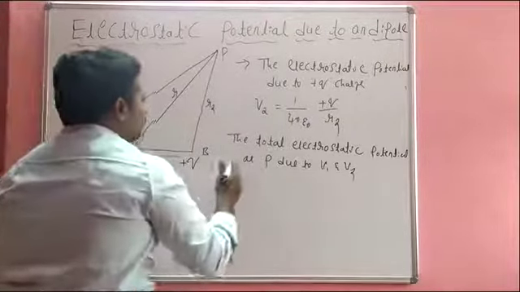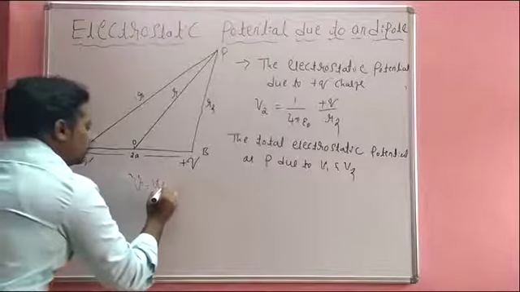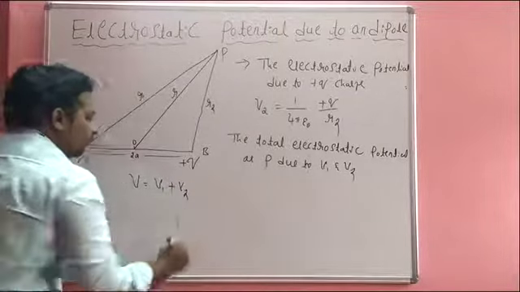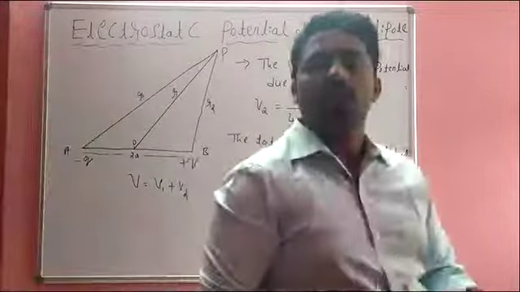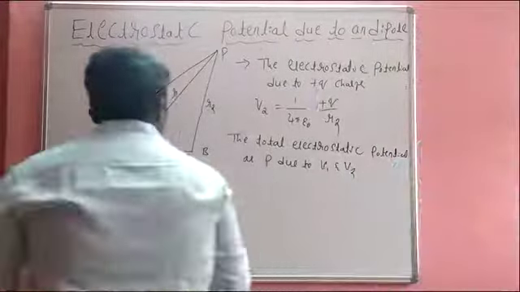So the total electrostatic potential is V equal to V1 plus V2. V1 is known, V2 is known, so we put in the values.